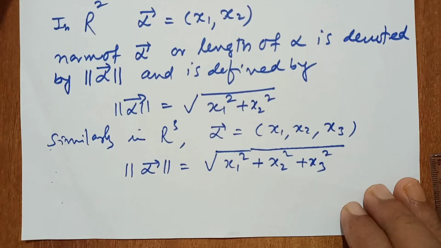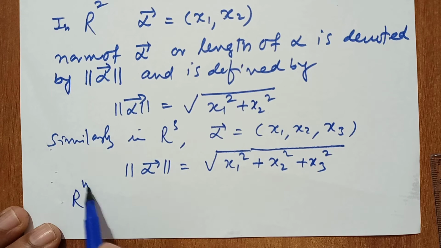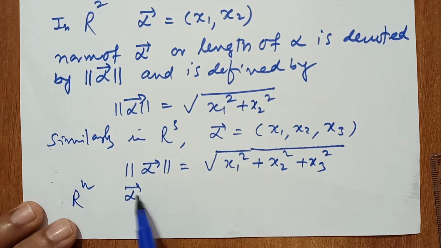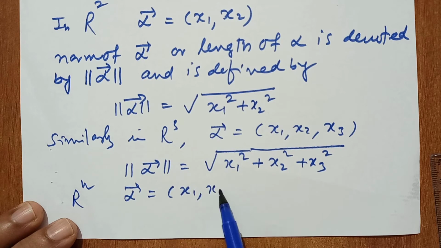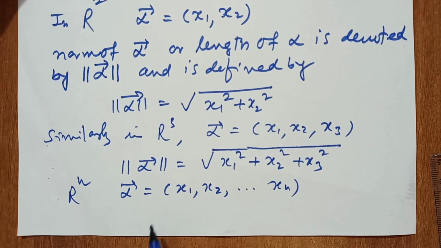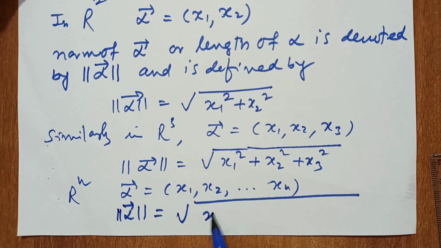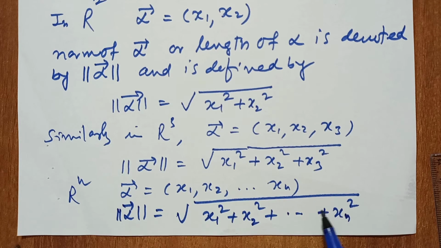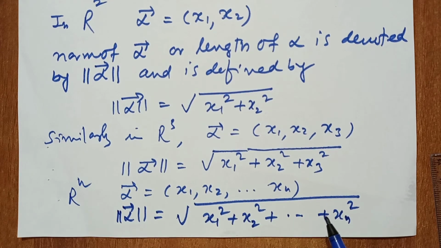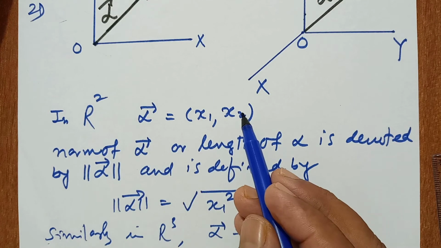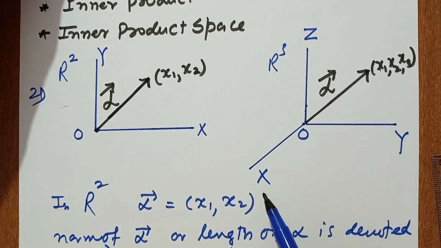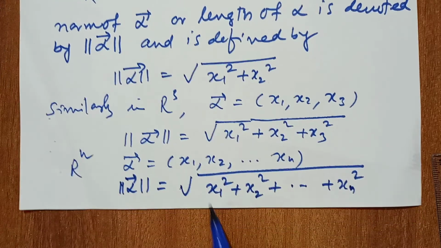In n-dimensional space Rn, alpha can be written as x1, x2 up to xn, and the norm of alpha equals the square root of x1 square plus x2 square plus up to xn square. This is the norm or length of a vector in R2, R3, and in general Rn.